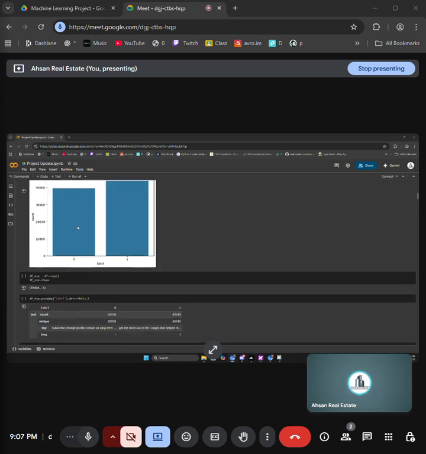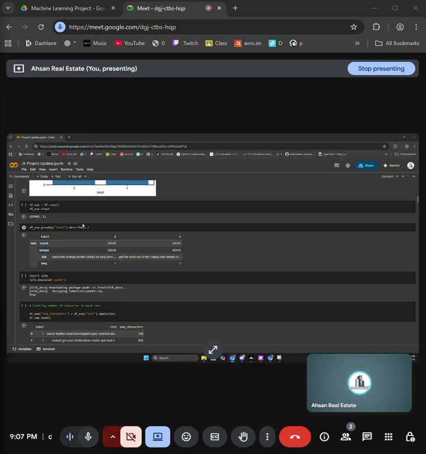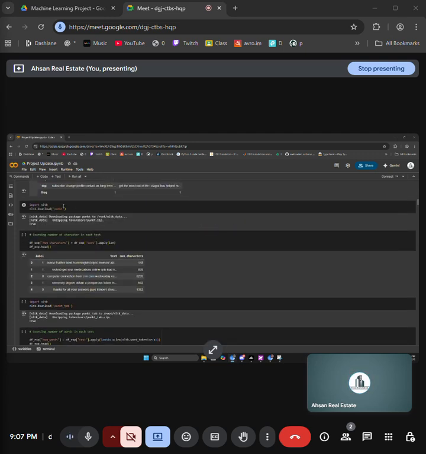So first we made a copy of the dataset, and then we imported the NLTK library so that we can process the dataset, because this is a language task.